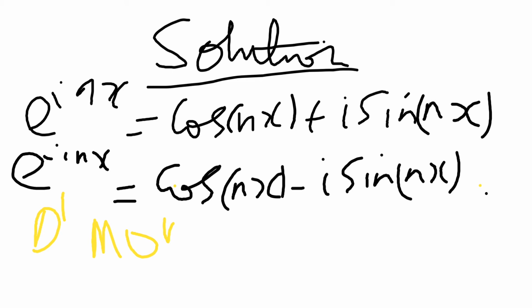Also, exponential minus i(nx) is equal to cos nx minus i sin nx. We have this minus here because of the minus at the power of the exponential on the left hand side of the second equation.